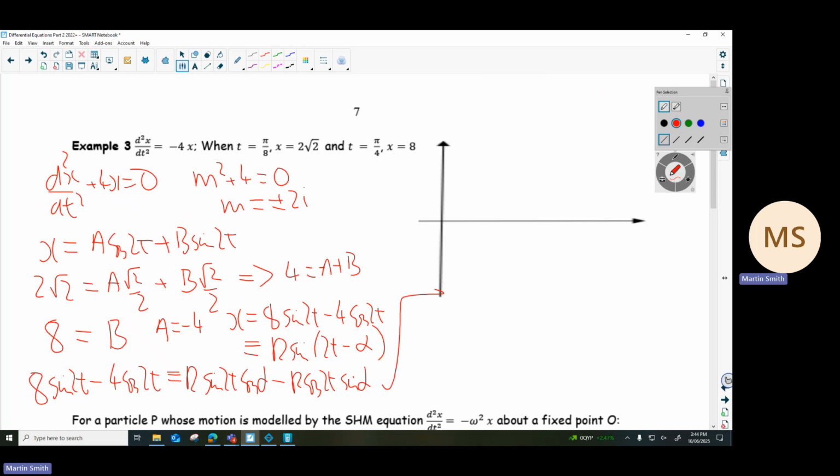So that's going to lead to r cos alpha is 8 and r sine alpha is equal to 4.